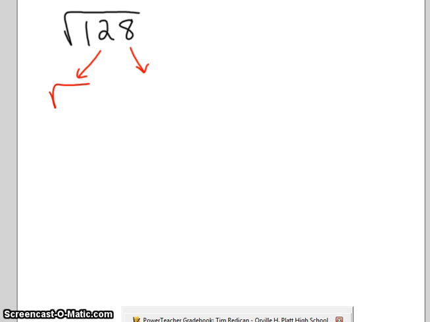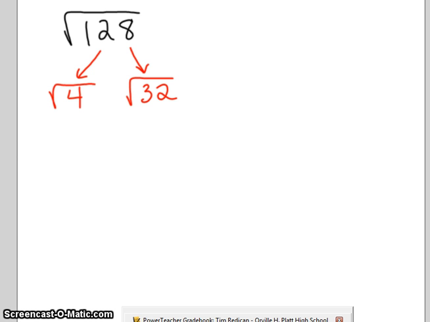So the square root of 4 goes into 128. Let's see how many times. 32. Okay, so square root of 4 times the square root of 32 equals the square root of 128, or you can find 32 out by doing 128 divided by 4.